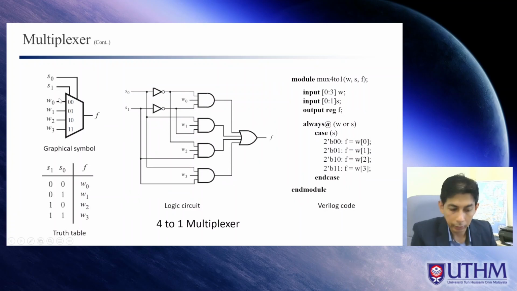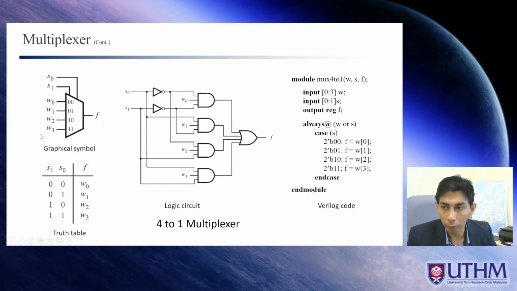This is another multiplexer, which is the 4-to-1 multiplexer. And this is the graphical symbol of the multiplexer. For a 4-to-1 multiplexer, we need two wires for the control or select input, right? Because one wire is not enough. With one wire we only have 0 and 1, so we can represent only two options.